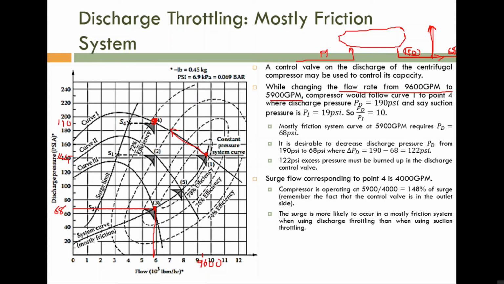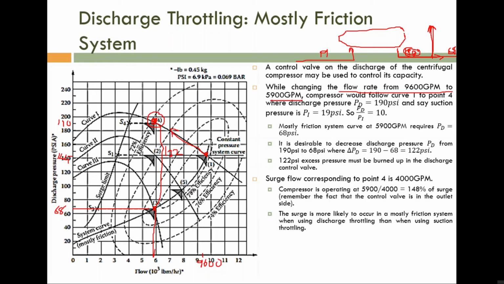But from the discharge line's point of view, we are reducing 190 psi to 68 psi by using the pressure control. By using the throttling valve placed here, the discharge pressure is reduced to 68 psi, meaning 120 psi is removed from the discharge line. Is it clear? But the compressor is still staying at this point, because it is continuously giving 190 psi.